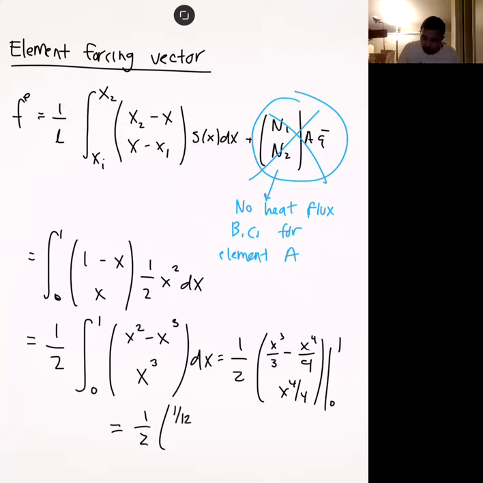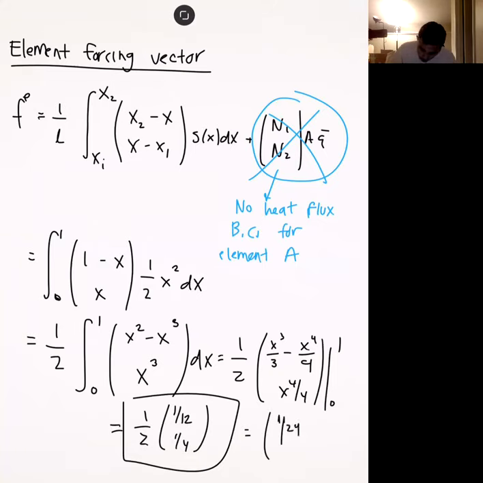And then on the bottom there we have 1 to the 4th power over 4, and that's just 1/4. Let me go ahead and multiply the 1/2 through to make one nice number. What we get is 1 over 24, and then 1 over 8. And so that's the element stiffness matrix and element forcing vector for that first element. And then from here we can go ahead and repeat that exact same process for element 2.